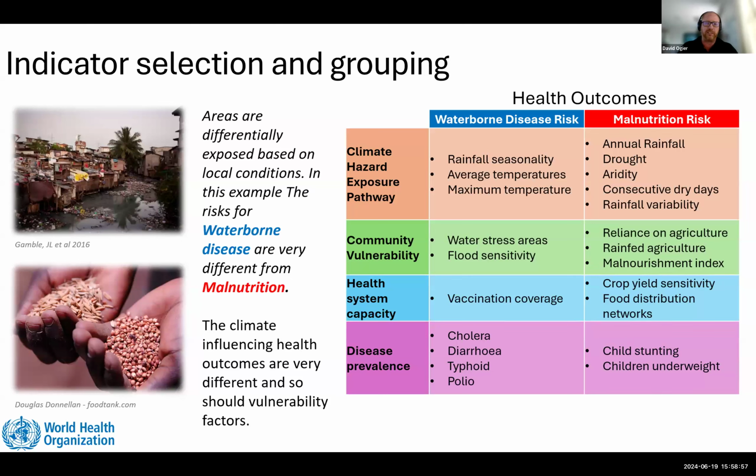The community vulnerability would also be different between the two: water stress and flood sensitivity versus reliance on agriculture, irrigation types, and malnutrition index. All of these should present a unique set of indicators for each health outcome in order to give a tangible and meaningful outcome for each of the risks.